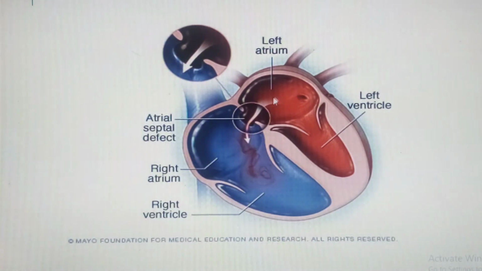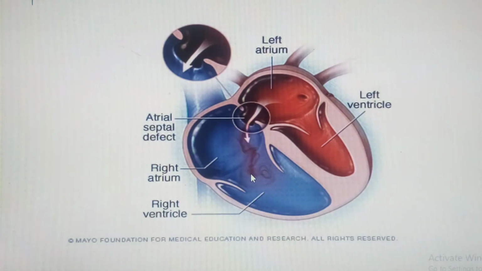So the oxygenated blood, instead of getting to the left ventricle to be pumped to the ascending aorta to be distributed throughout the body except the lungs, will get into the right atrium and then may get into the right ventricle, wasting the oxygenated blood, because it will get to the lungs again and the lungs will have to oxygenate it, because it's no longer going to be useful to the cells of the body. Okay, so that's an important bit that we have to know.